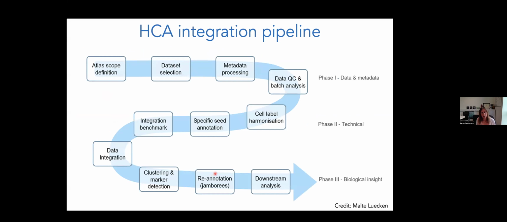And so this integration challenge or exercise is something that many groups in the community are working together on at the moment, and there's coordination of this by Malte Lücken in Helmholtz Munich. The common pathway or roadmap that each project is following is basically defining the scope and the data sets involved, processing metadata.